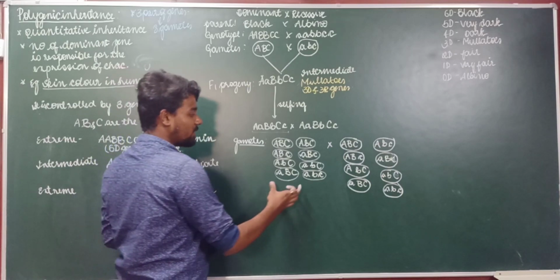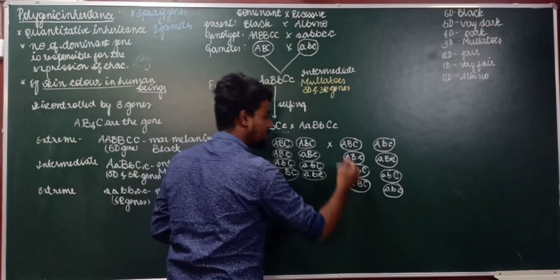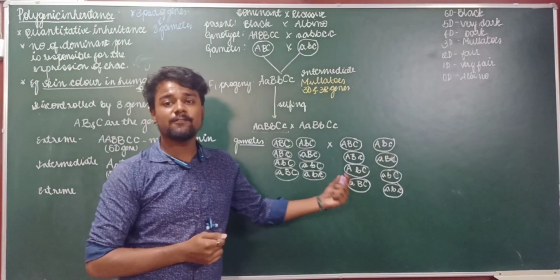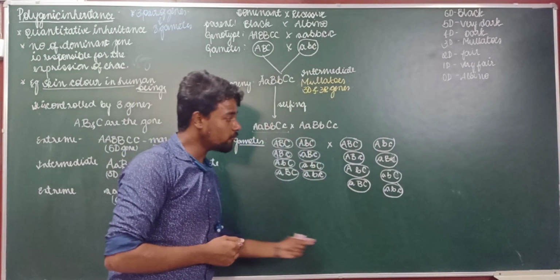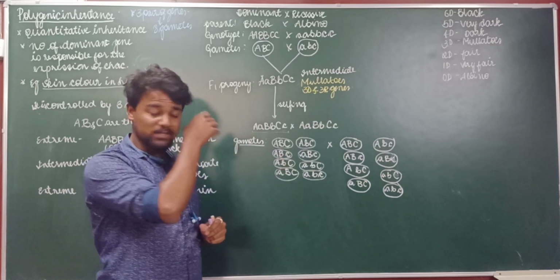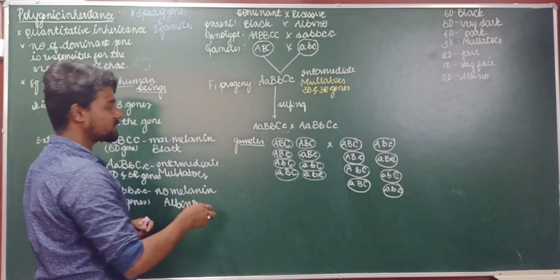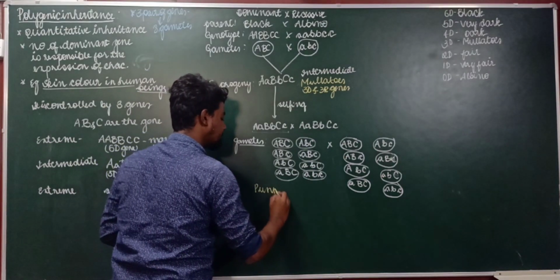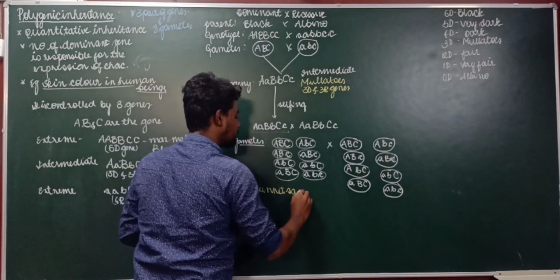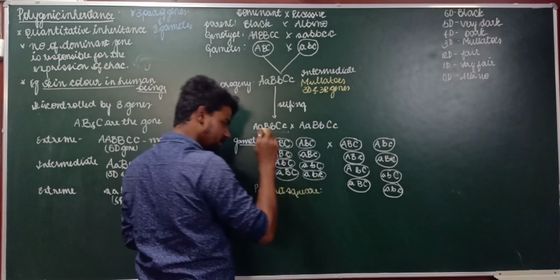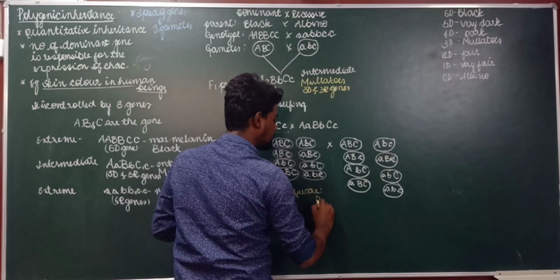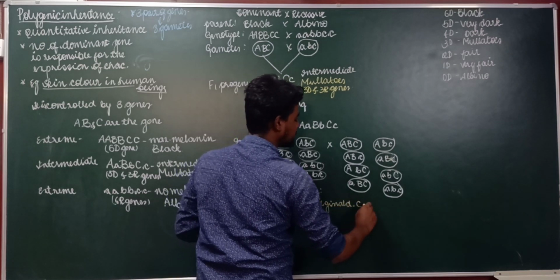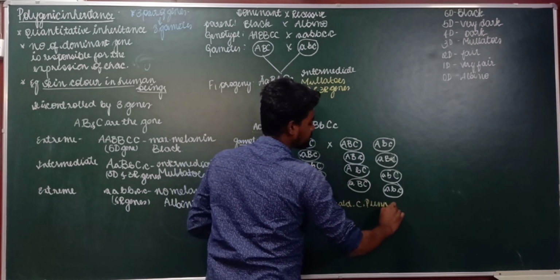Now there are 8 gametes here, and 8 gametes here. 8 eights are 64. We have to put 64 boxes and do the Punnett square. So let us try that along with the 64 boxes. Before that, the Punnett square is a main concept which was explained by a scientist called Reginald C. Punnett.